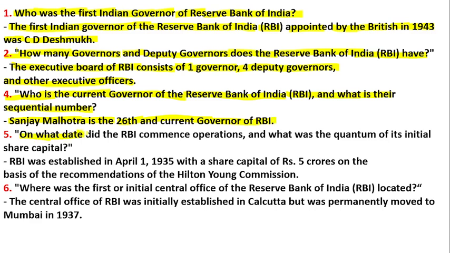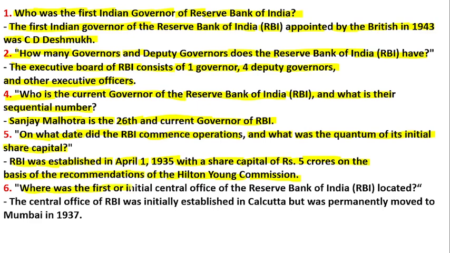On what date did the RBI commence operations and what was the quantum of its initial share capital? RBI was established on April 1st, 1935 with a share capital of rupees 5 crores on the basis of the recommendations of the Hilton Young Commission.